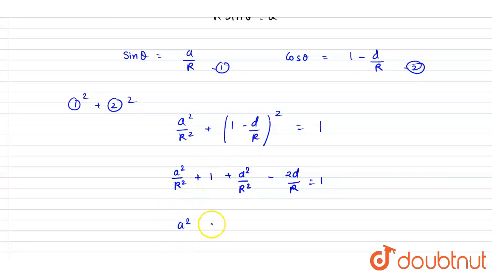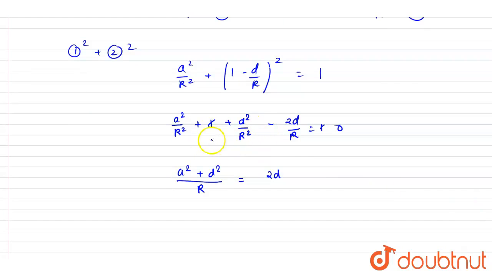So you will write a square plus d square by r is equal to 2d, right? You can see this 1 will get cancelled out, and you will get this equation equal to 0. And if you take 1 by r common and make that 0, you will get this equation. We want this r, right? So r is equal to a square plus d square by 2d.